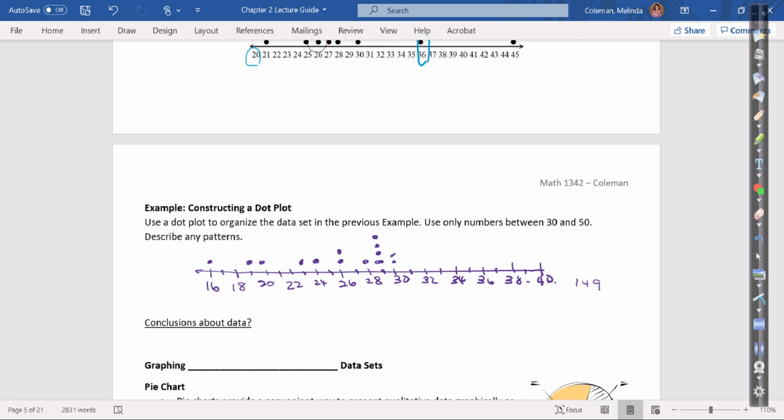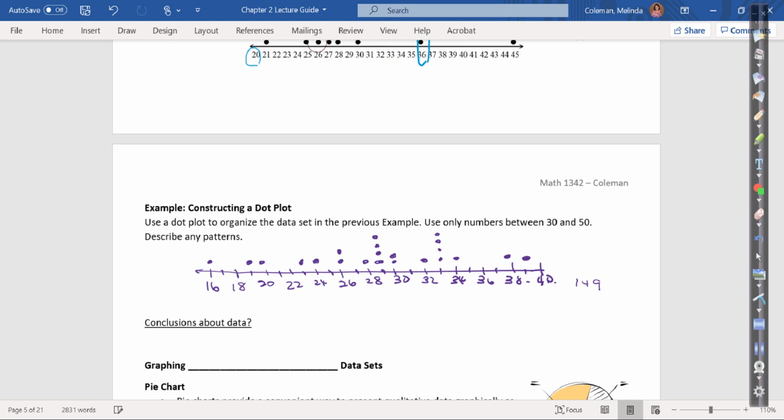There are no 31s. 32 appears once in my list. 33 appears 4 times, so again, 4 dots. 34 appears once. And then we jump all the way to 38 and 39.